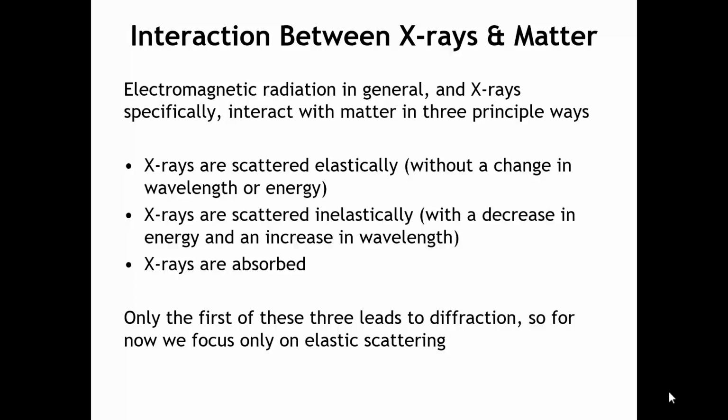I mean that there's no change in the energy of the radiation, therefore no change in its wavelength. The X-rays might be scattered inelastically, so the electron might absorb some of the energy of the X-ray, and in that case, the X-ray that is scattered has lost a little bit of energy, and therefore it has a slightly different wavelength. Or the X-rays can be absorbed.